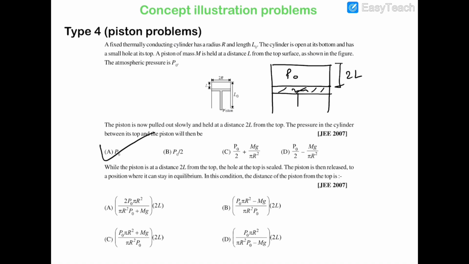So obviously we can say that at the bottom of the piston the air pressure will be P naught, and finally when the piston moves out, let us use another page.